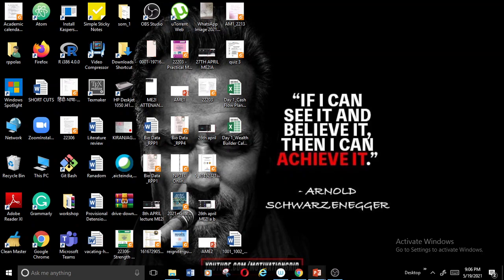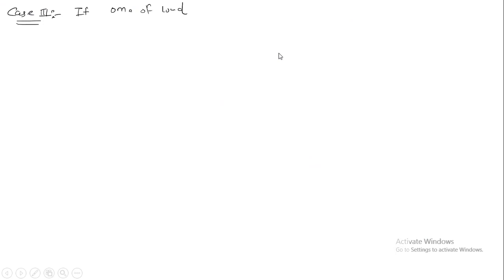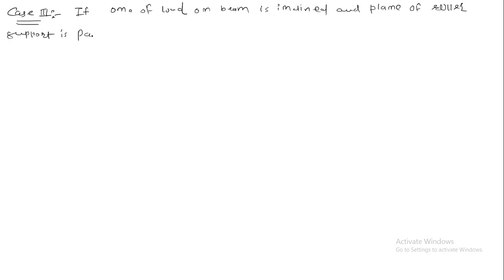If one of the loads on beam is inclined and plane of roller support is parallel to beam, in such case reaction at hinge support is inclined.